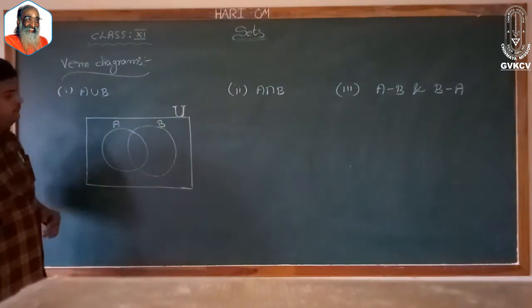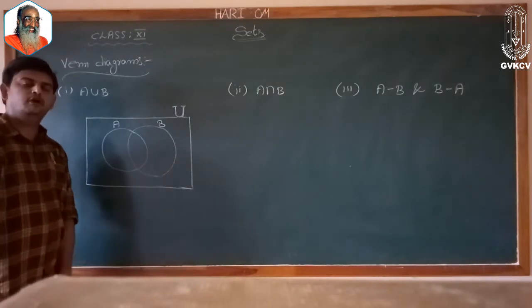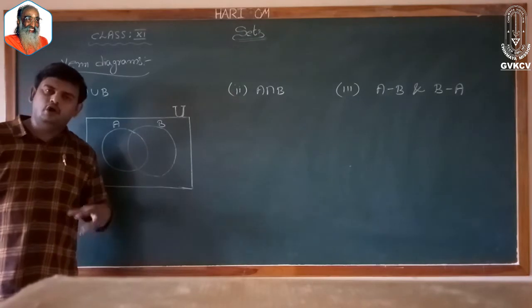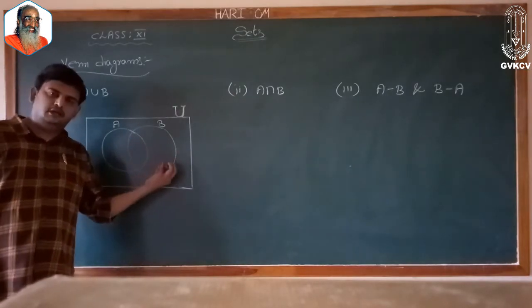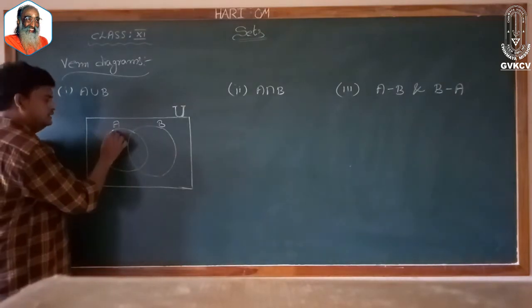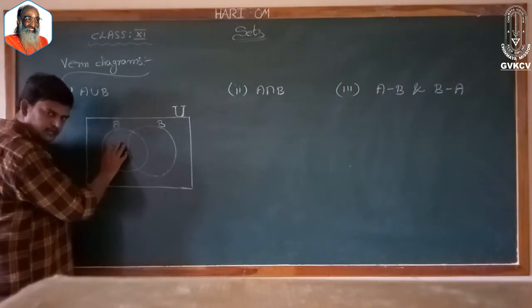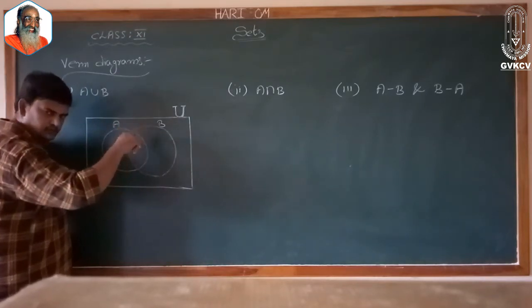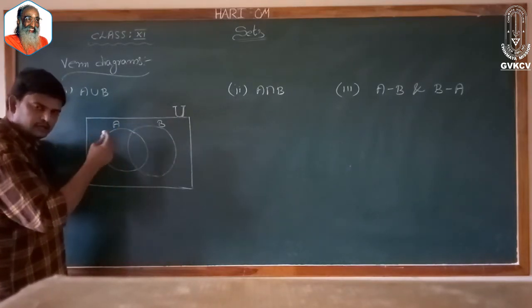A, B. So, what do we want here? Union. Union in the sense, we need to combine all the elements of set A and all the elements of set B. Now, let us mark set A with horizontal lines and set B with vertical lines.